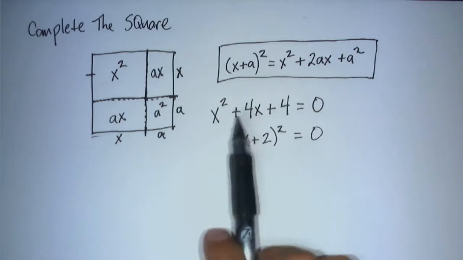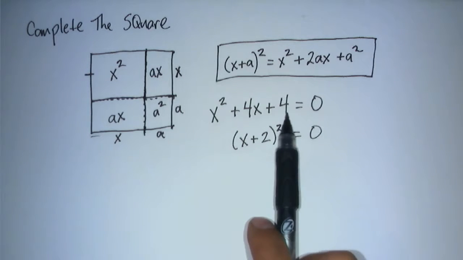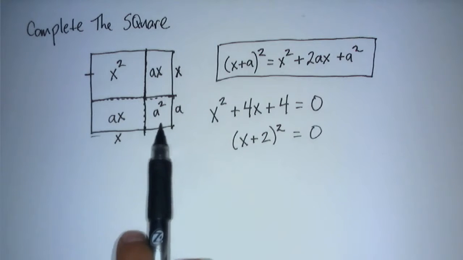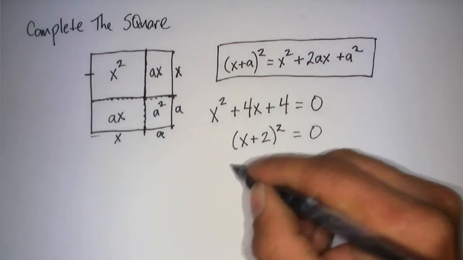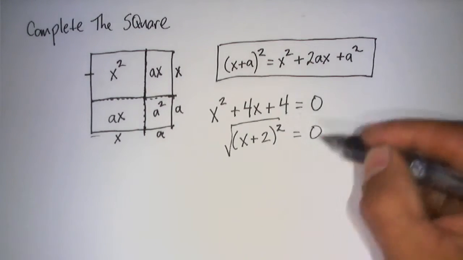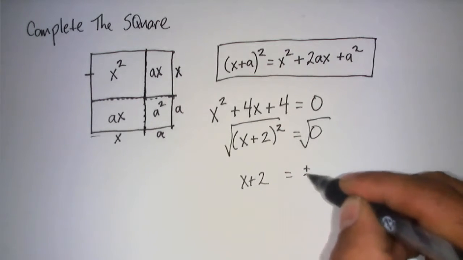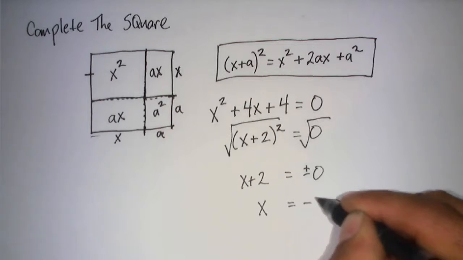I took half of this term and squared it. If I expand this out, if a is 2 in this case, these two are equal. Now I can take the square root of both sides. If I take the square root of both sides, I get that x plus 2 is equal to plus or minus 0. Well, plus or minus 0 is 0. In this case, that's x equals negative 2.